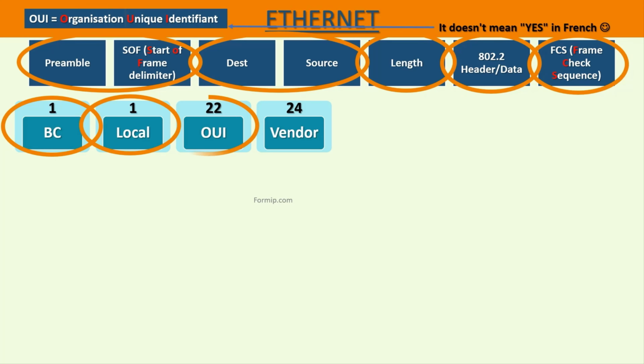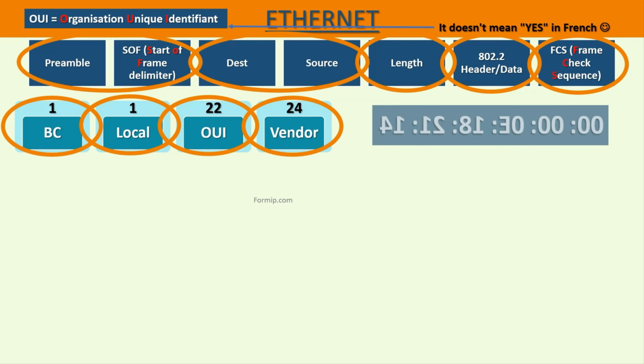The OUI field identifies the manufacturer among its competitors. And the last 24 bits are a value determined by the manufacturer to make this MAC address unique among all its network cards. The MAC address is written in hexadecimal. Here is an example of a MAC address.